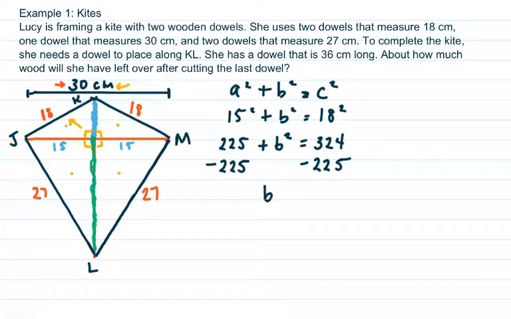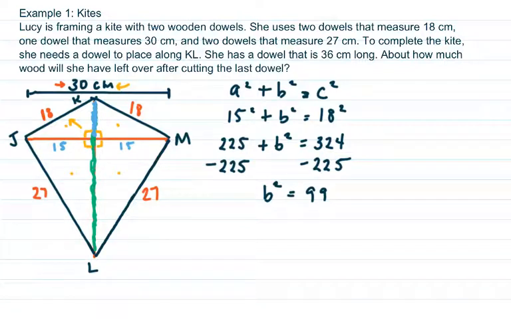Then I'm left with b squared, and b squared is equal to 324 minus 225, which is 99. And then remember I want just b, because I'm looking for that light blue side that we highlighted.